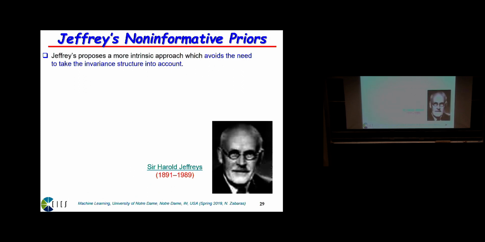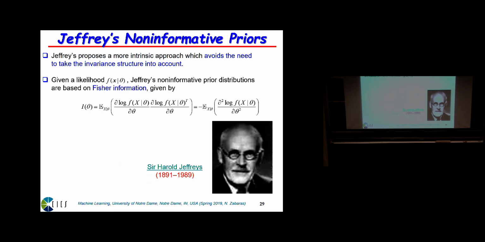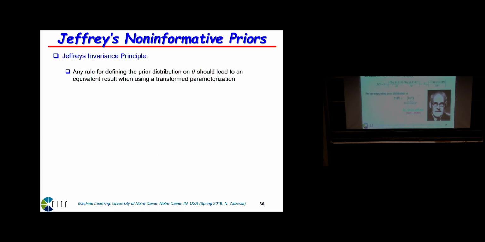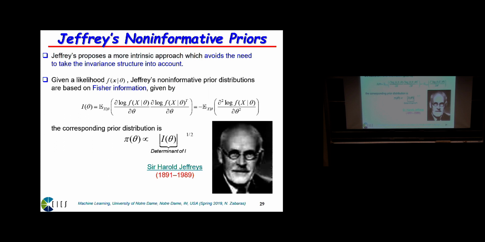Where do these priors actually come from in a more fundamental mathematical way? All of these priors go by the name of Jeffreys non-informative priors. Okay, what are Jeffreys non-informative priors? This is the definition.